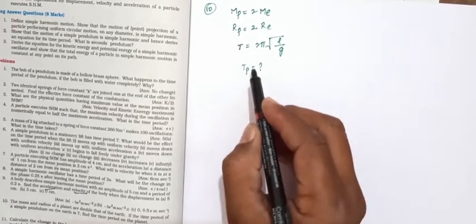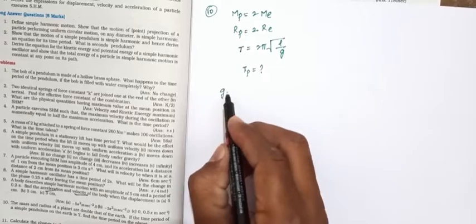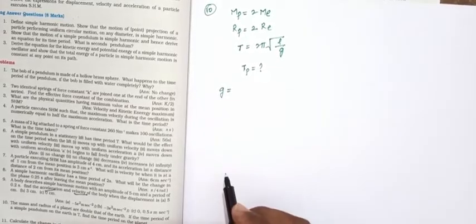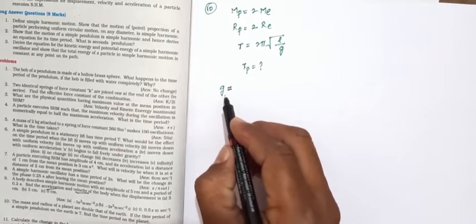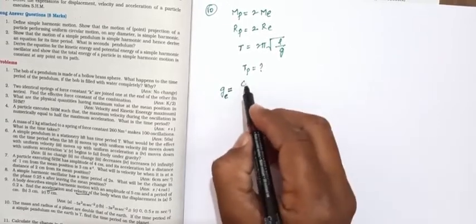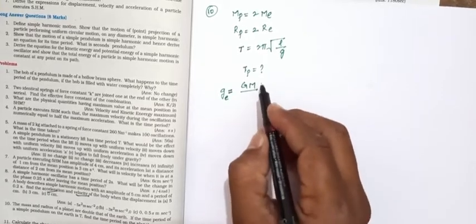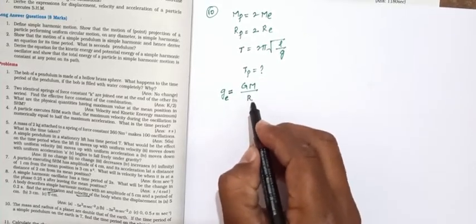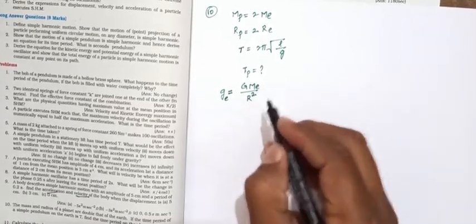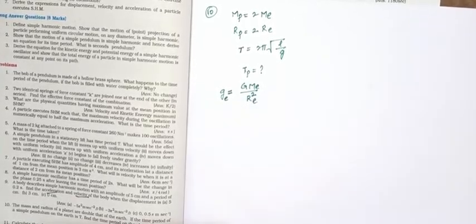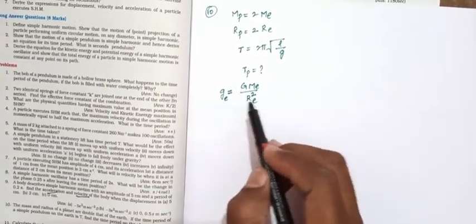So here the acceleration due to gravity on the earth is g equals GM by R square, or G Me by Re square.